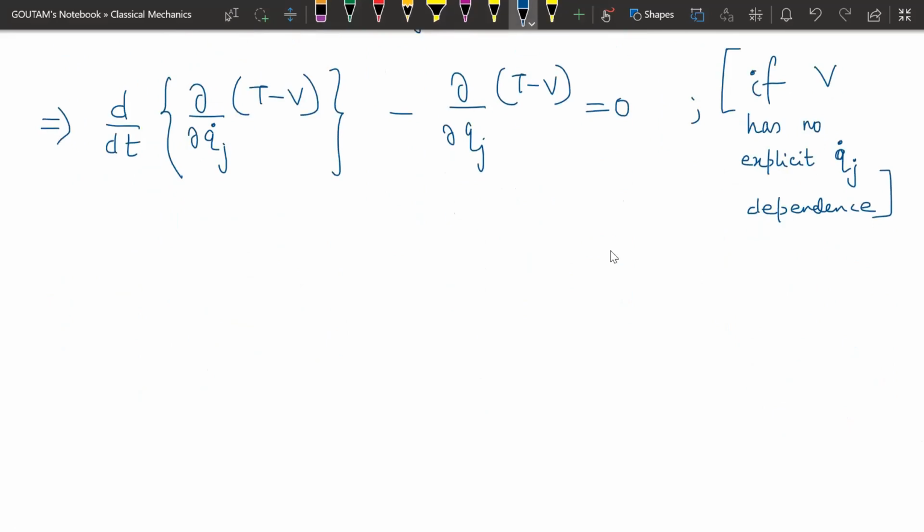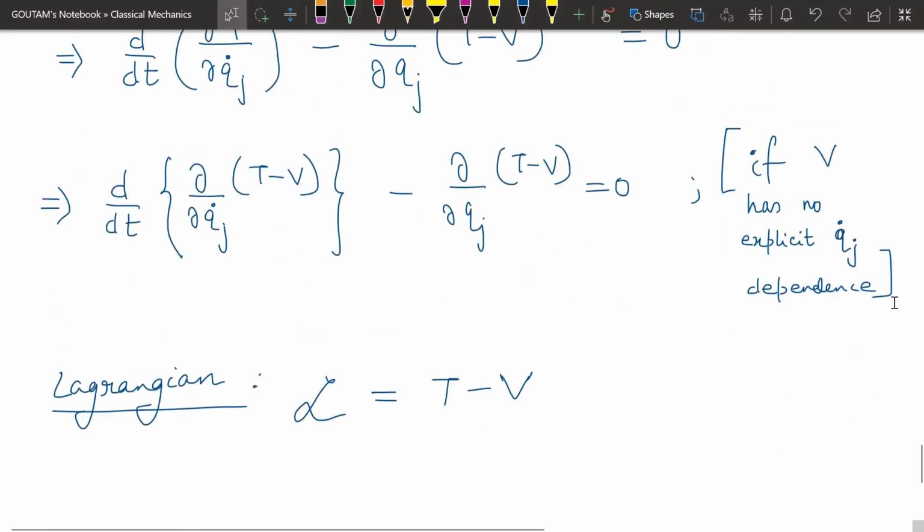So now let's define a new function, which we will call the Lagrangian, denoted by L, which equals T minus V, the kinetic energy minus the potential energy.